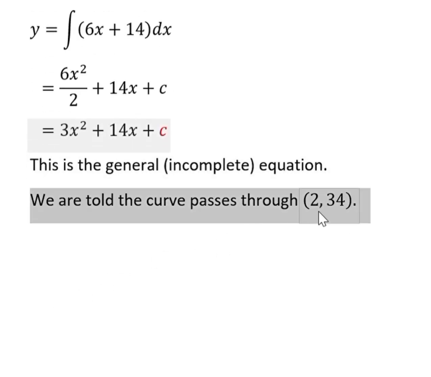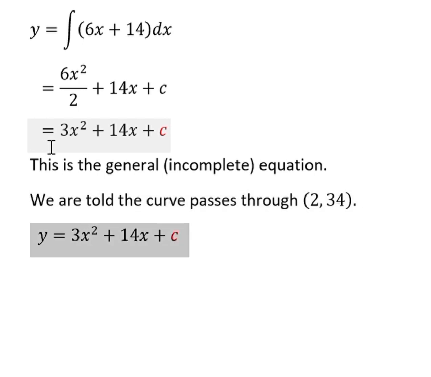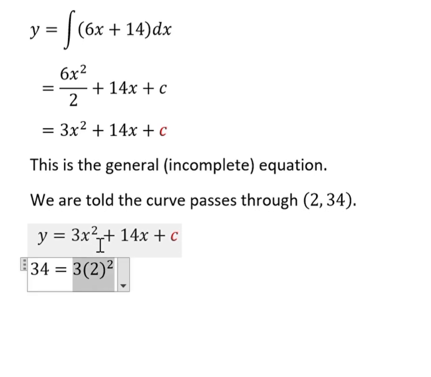We substitute this 2 in the x variable here, and this 34 in the y variable, which is here. So we shall have 34 is equal to 3 into 2 squared plus 14 into 2 plus c.